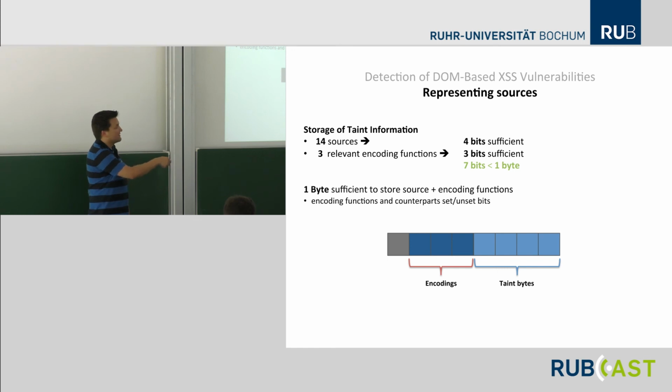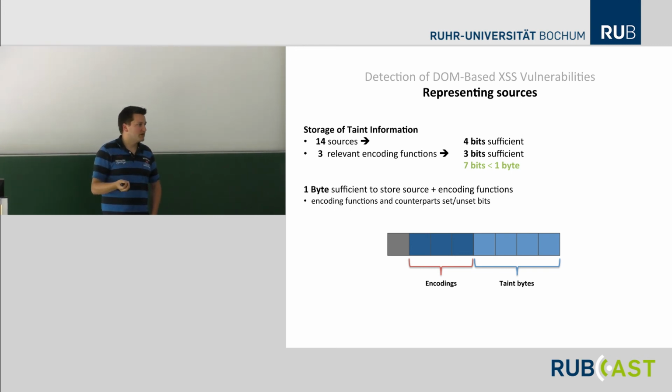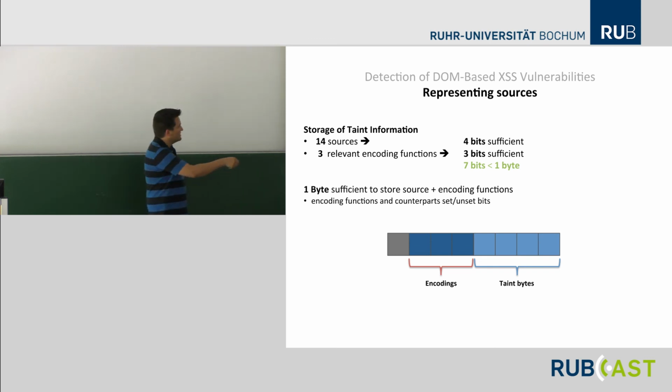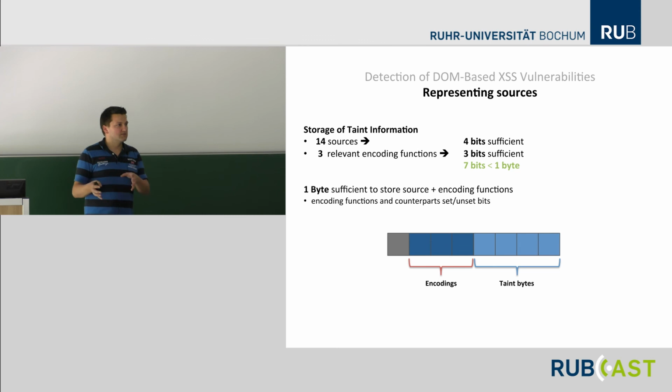So we have 3 bits left. And we use these 3 bits to store encoding functions. So we have 3 different encoding functions that we have in the browser: escape, encodeURI, and encodeURIComponent. And we use 1 bit to store whether we ever flew through such a function, because sometimes this gives indication if a flow is exploitable or not.